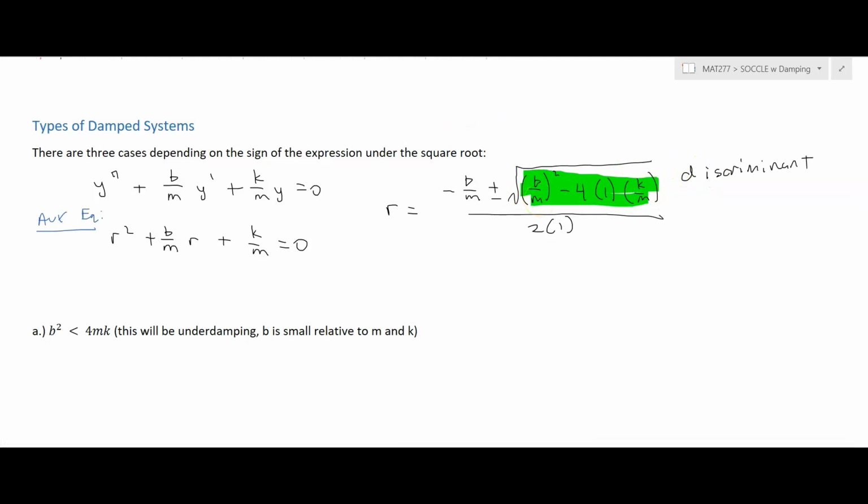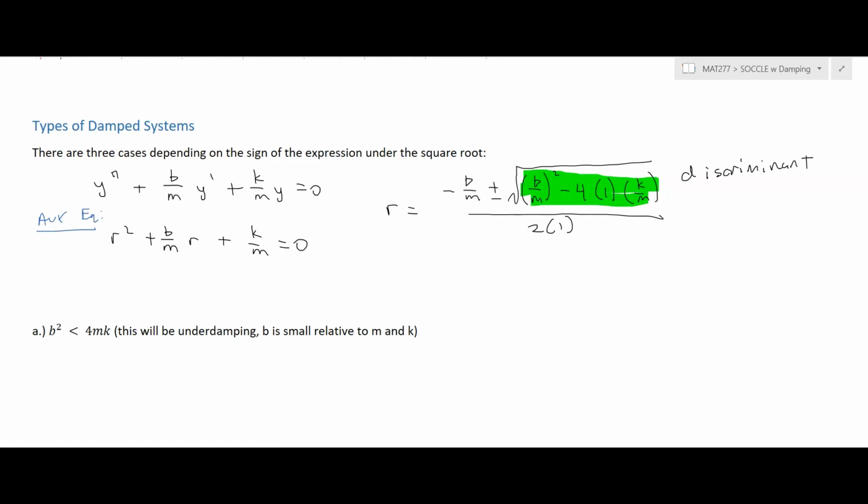And depending on where that is relative to 0, if this quantity is bigger than 0, that is, it's a positive number, then we're going to have two real solutions. If this number is negative, then we're going to have complex solutions, and if it's equal to 0, we're going to have a repeated root. Then we'll have negative b over m plus or minus 0 over 2. And negative b over m plus 0 and minus 0 produces the same result.